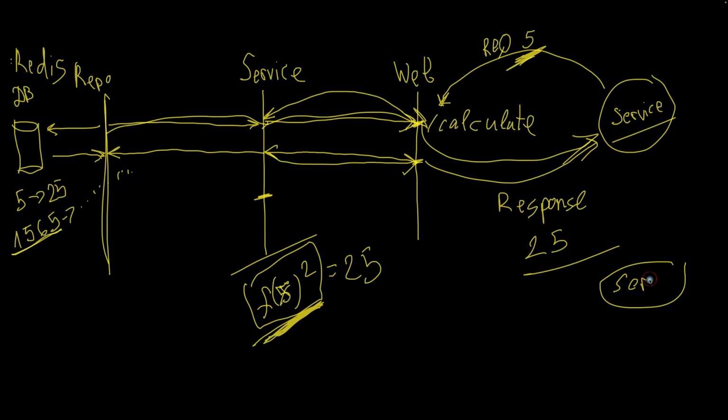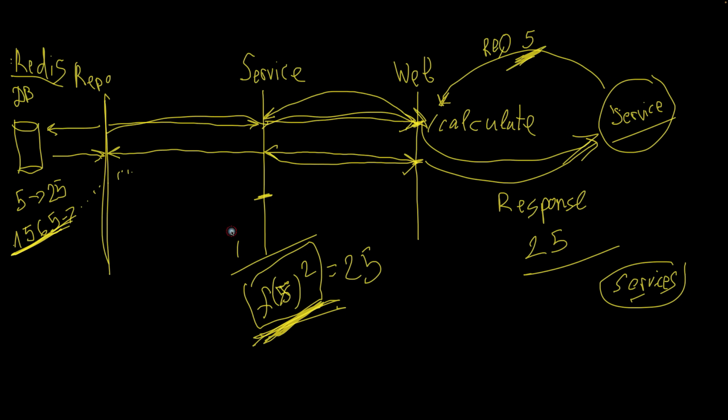There can be many services, many clients. This client maybe gives us this input, but that client may want to send the same input, and we will get the advantage of hashing in the database and not calculating everything again.